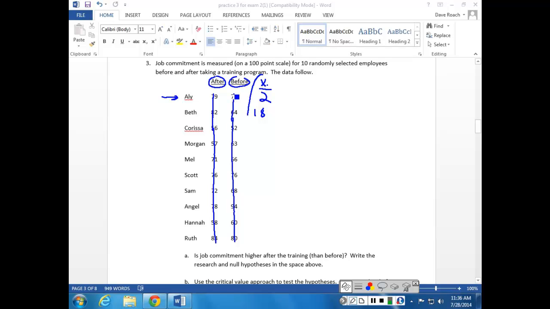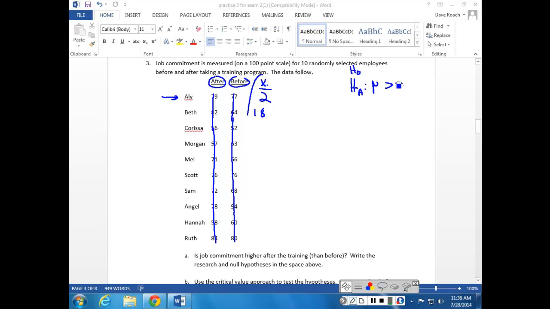So the hypothesis, before and after: we want to know if it's higher after, so the mean is greater than 0, because I subtracted after minus before. If you had done before minus after, saying it's lower before, everything would be reversed.